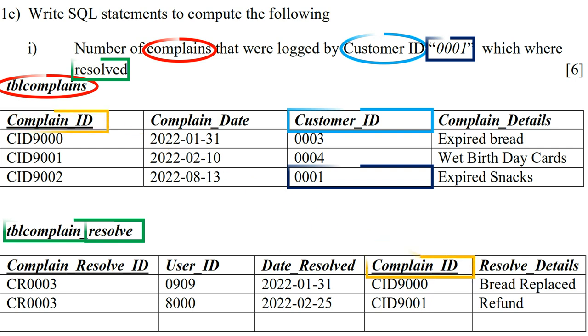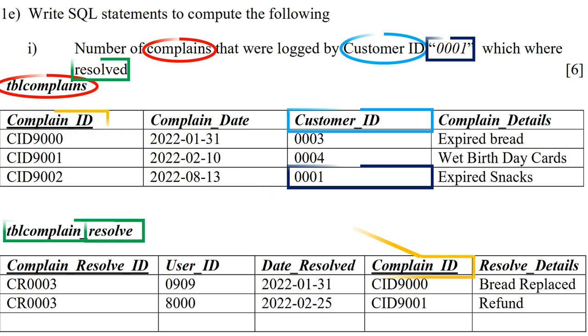So if we go back to complaints, we check: is the complaint with complaint ID CID 9000 lodged by the customer with customer ID 0001?